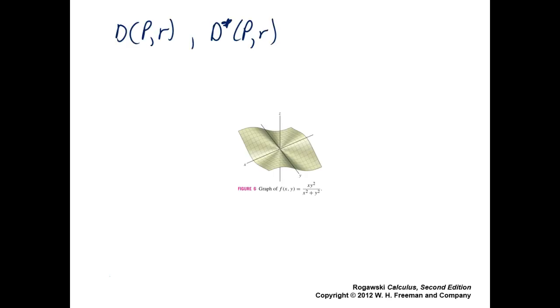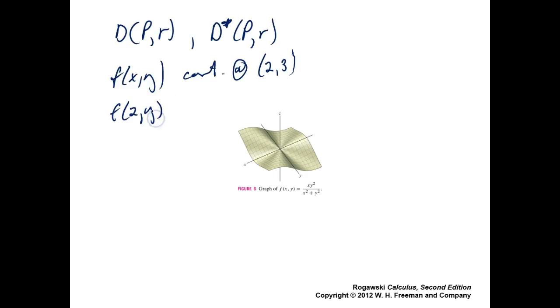Suppose that f of x y is continuous at 2, 3. And that f of 2, y is equal to y cubed for y not equal 3.